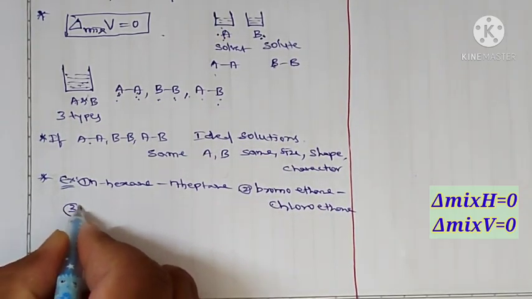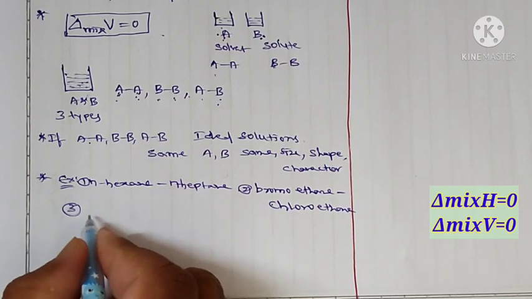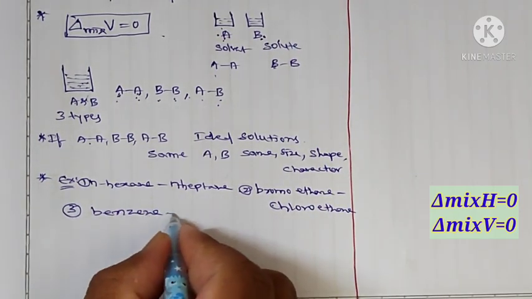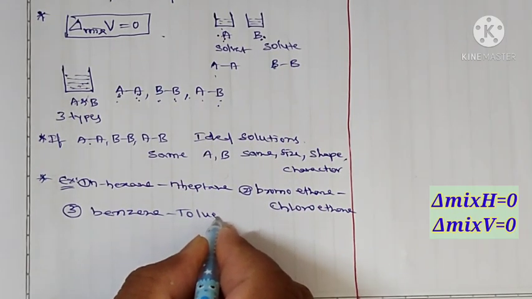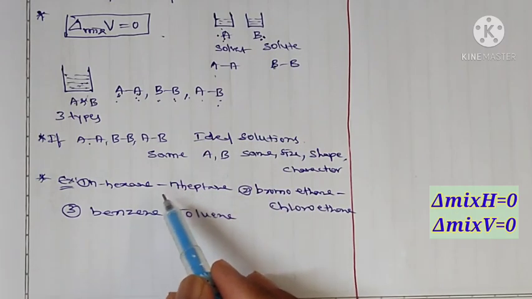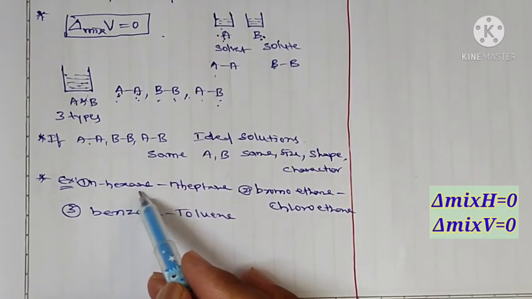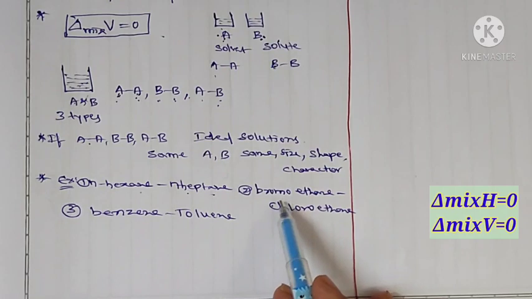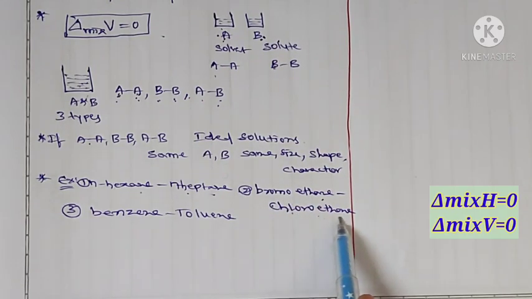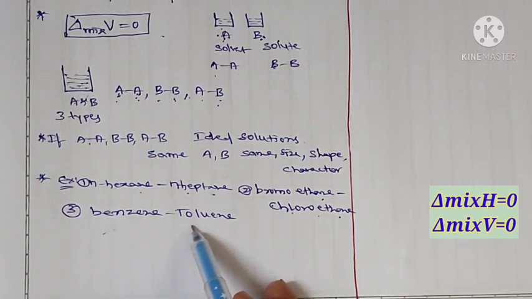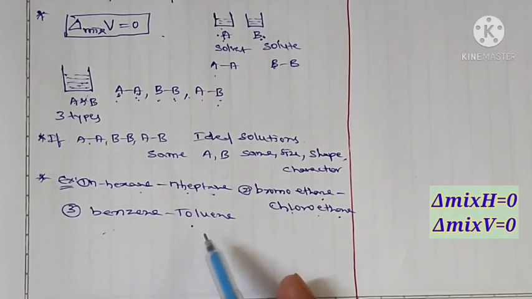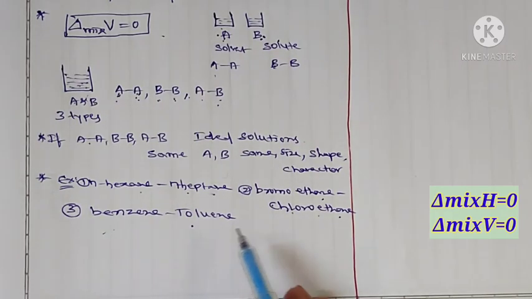And the third one, a mixture of benzene and toluene. These are examples of ideal solutions.